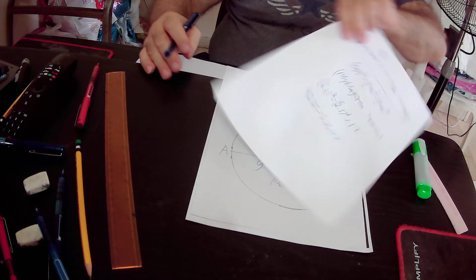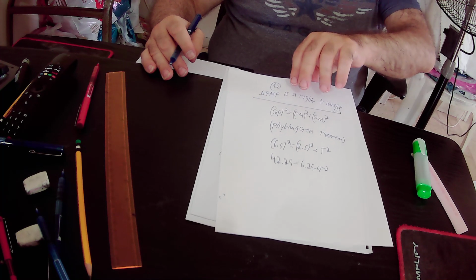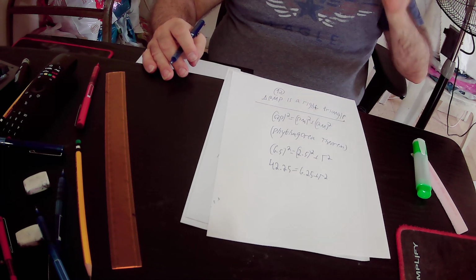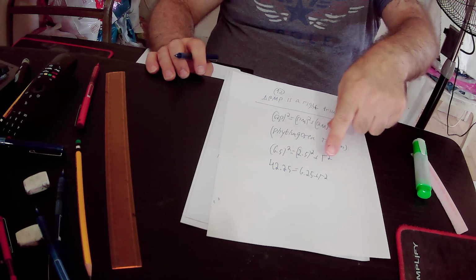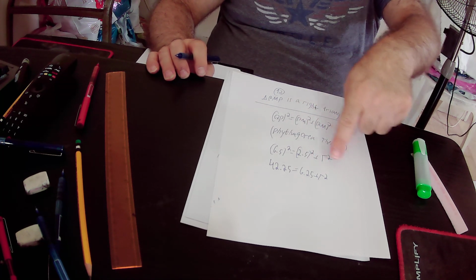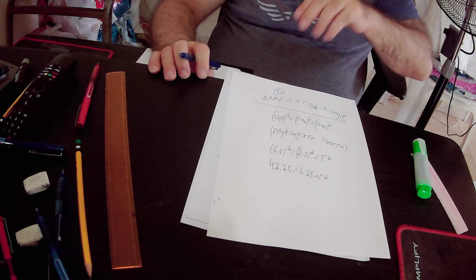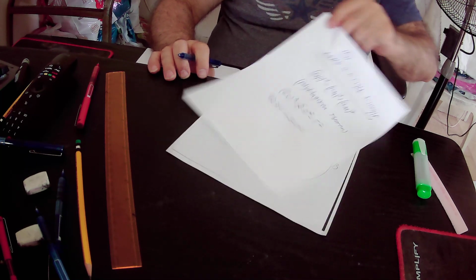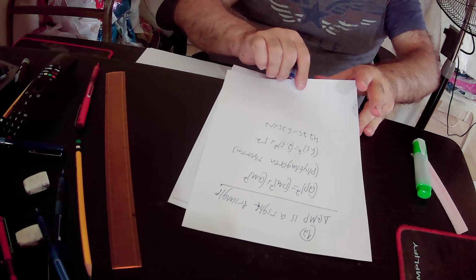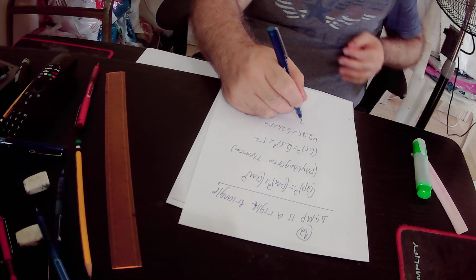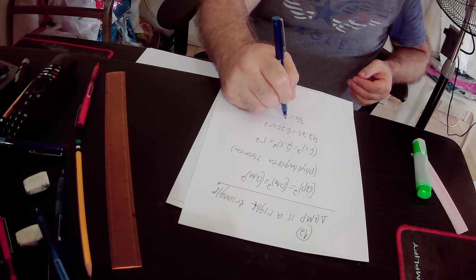So we got that 42.25 equals 6.25 plus r squared. Here we'll subtract 6.25 from this equality, and we will get that 42.25 minus 6.25 is 36, equals r squared.